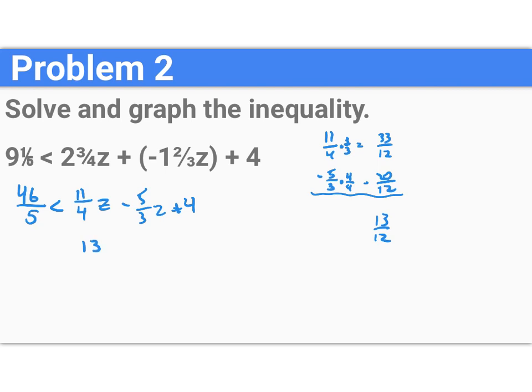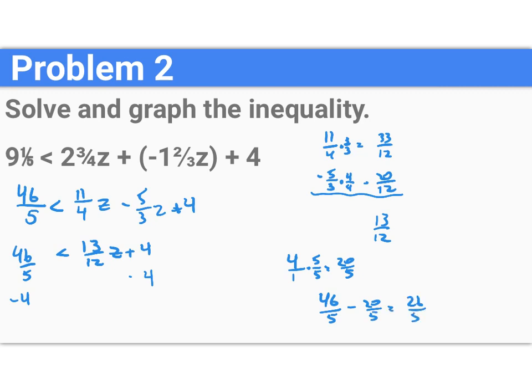So 13 over 12 z plus 4 is bigger than 46 over 5. So I got to minus 4 from both sides. 4 over 1 times 5 over 5 equals 20 over 5. So 46 over 5 minus 20 over 5 equals 26 over 5.